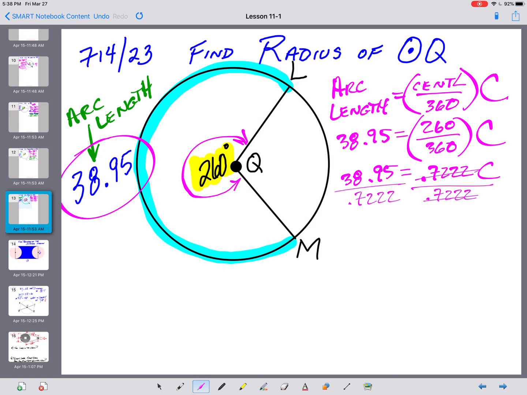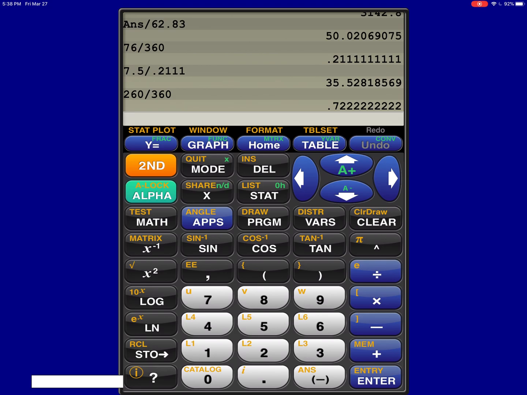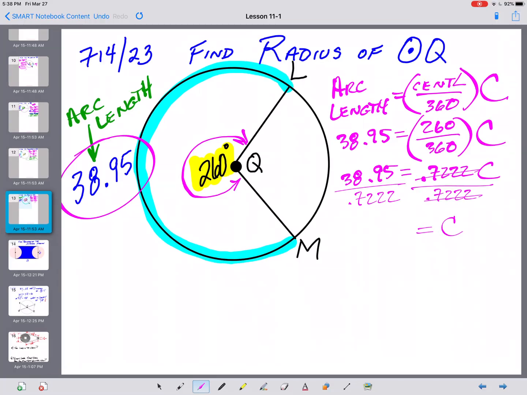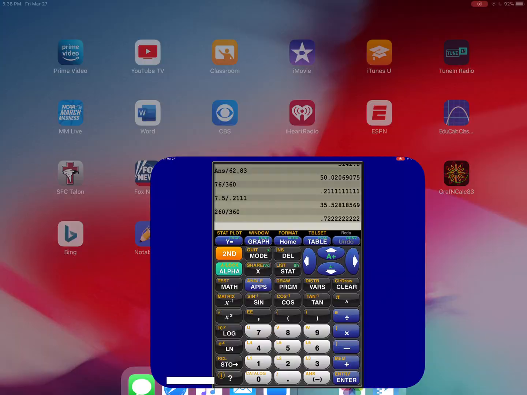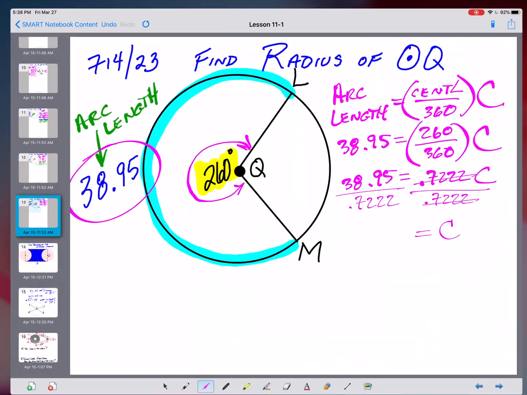Now here is the circumference. 38.95 divided by 0.7222. Nice, there it is, 53.93.